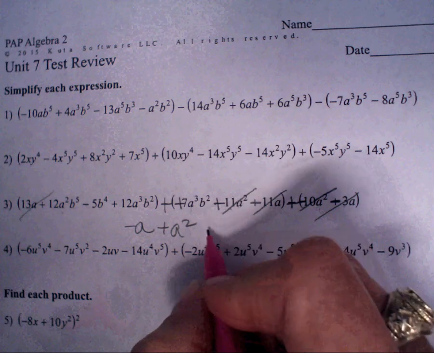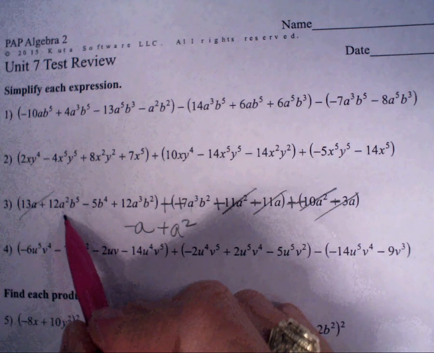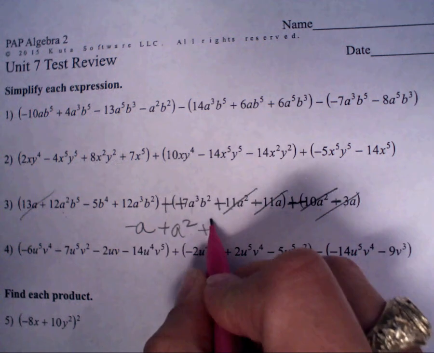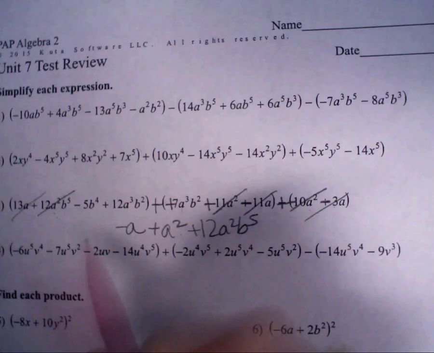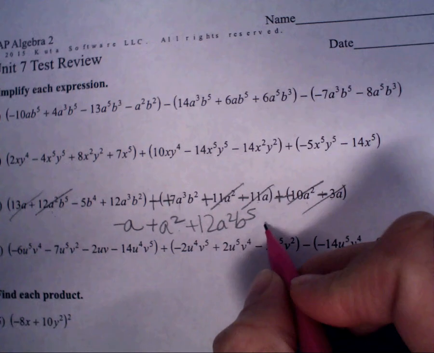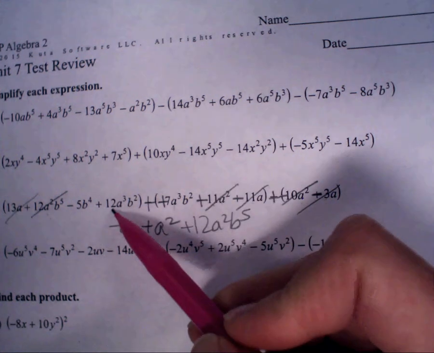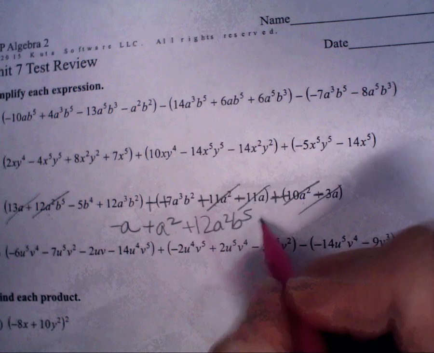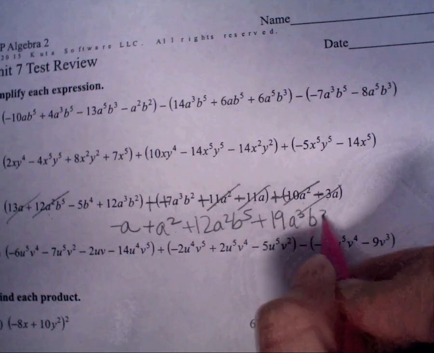the 12A squared B to the fifth. And then we have B to the third A to the third B squared. So that's positive 12 plus positive 7, 19A cubed B squared.